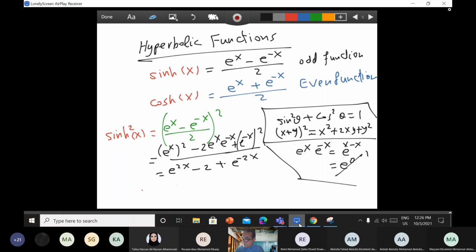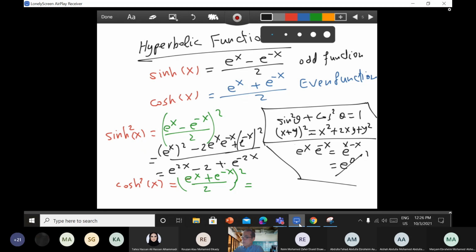Okay. If I do the same with cosine square x, what do you have? You have, yes, e to the x plus e to the minus x, this is a cosine, over 2 square. The minus here is becoming positive here. So you will have the same answer without the negative.